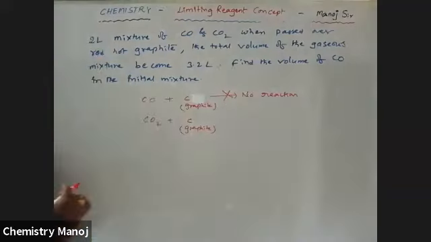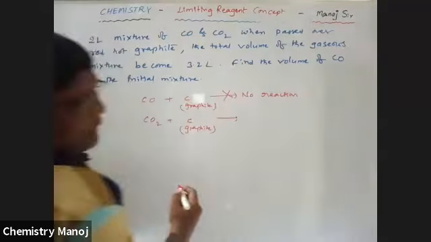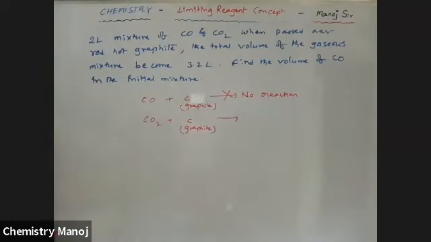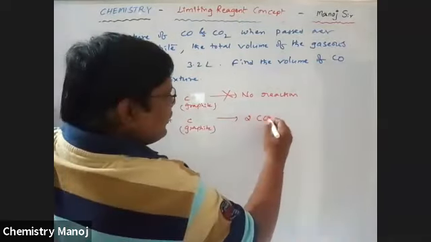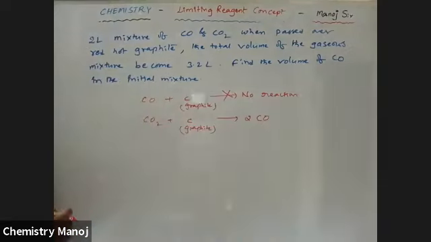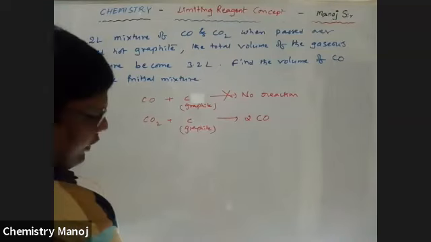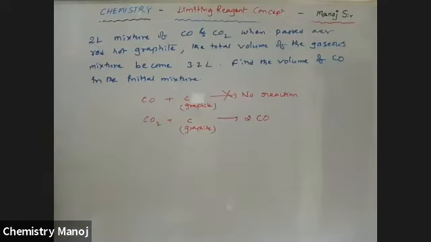So please keep that in mind. Carbon dioxide with carbon gives 2 moles of CO. These are the equations behind this question. So now try it, just like the previous anhydrous problem.